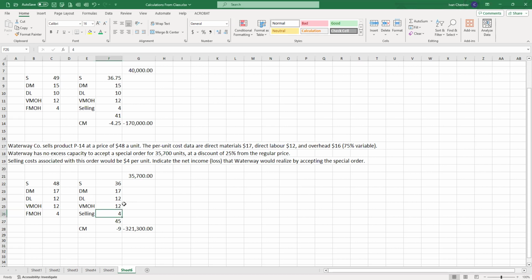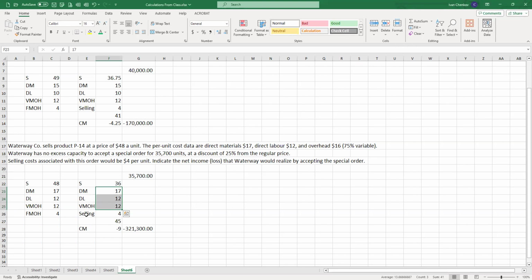Now, one thing I want you to understand: here I have a selling cost, correct? How much is my contribution margin at this point? My variable cost here is $41, right?